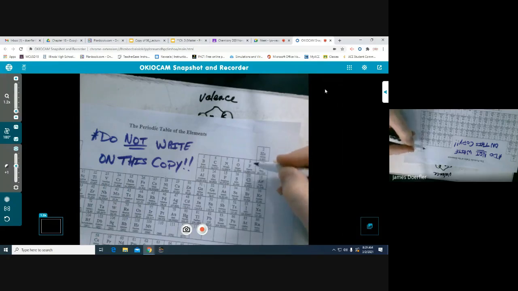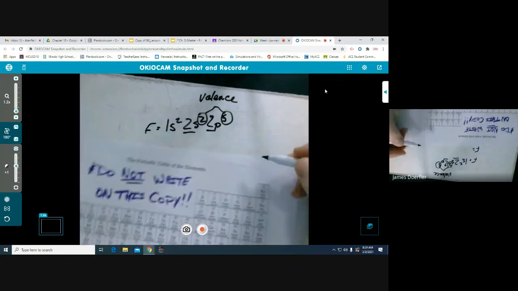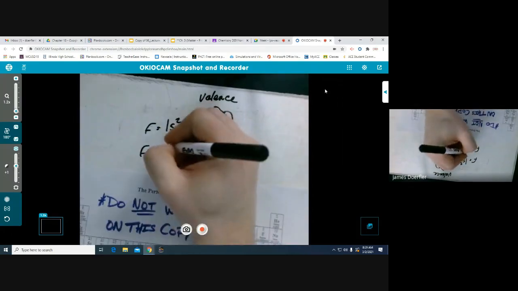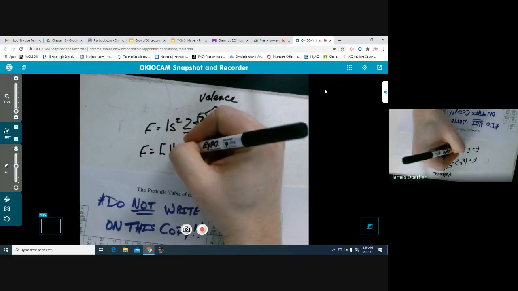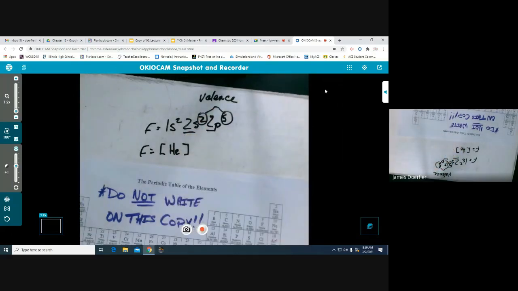And you see that helium is the previous line's noble gas. So what I'm going to do is I'm going to put in brackets, it must be in brackets, He. You know, in math, when you use a letter to substitute in for a statement or some values, that's what we're doing here.